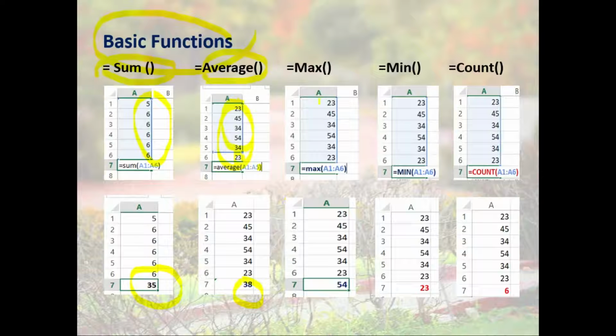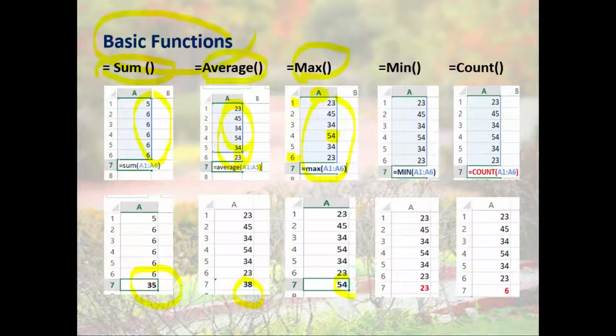And the next, max, maksimal. Nilai yang paling tinggi from all of them. You can see here, the max is 54. So, the formula is equal max, open bracket, A1, because this is A and number 1, until A6.